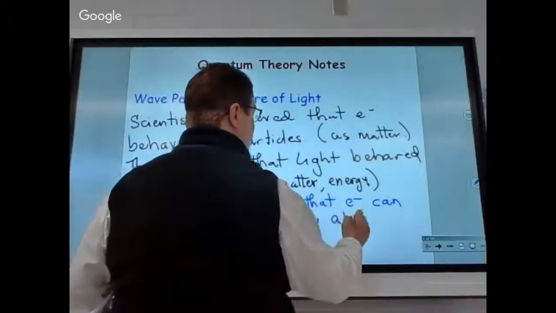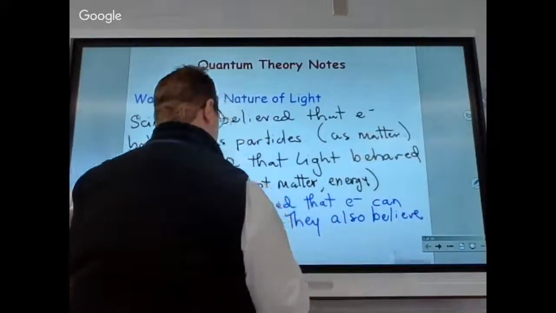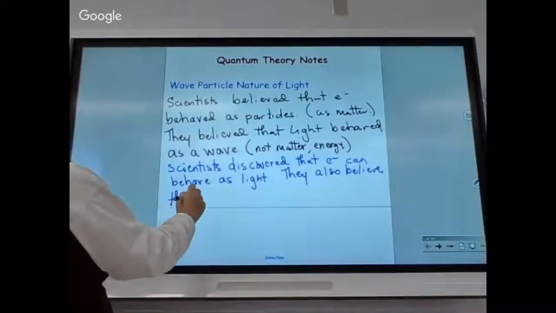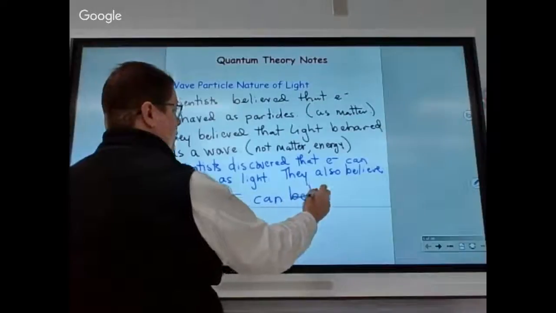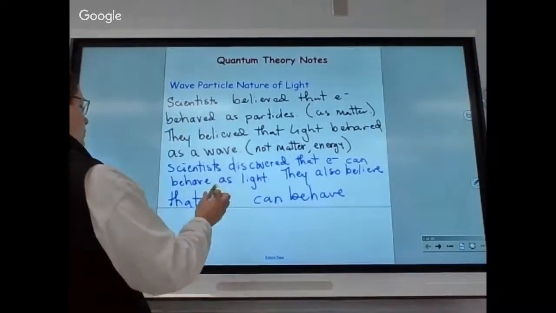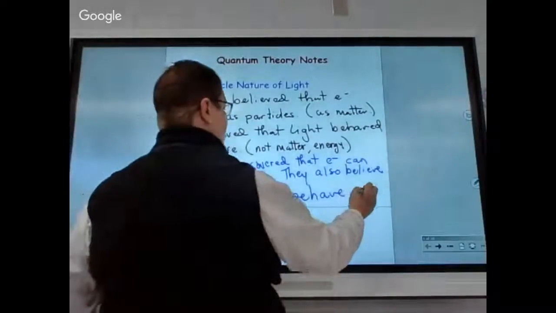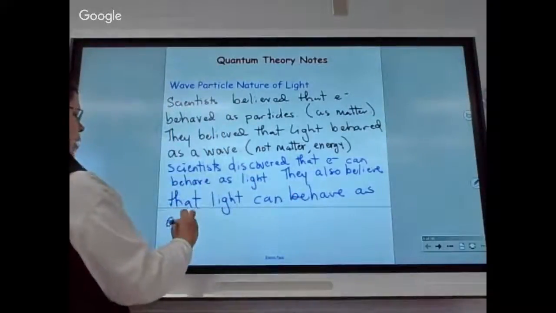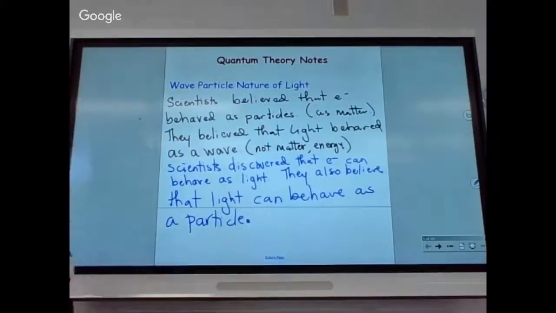They also believe that light can behave as a particle. Now, think about it.